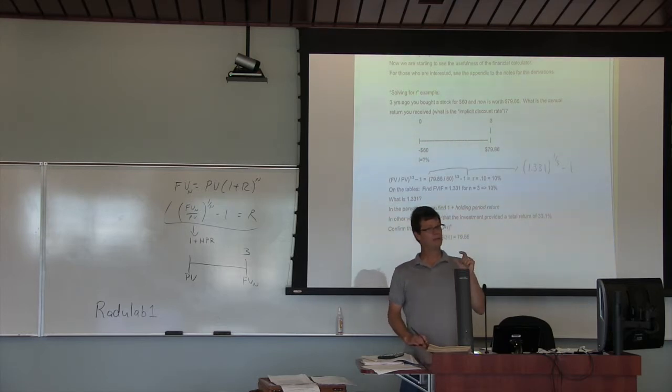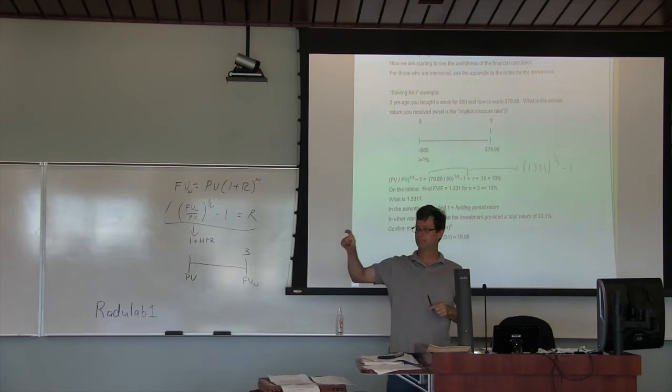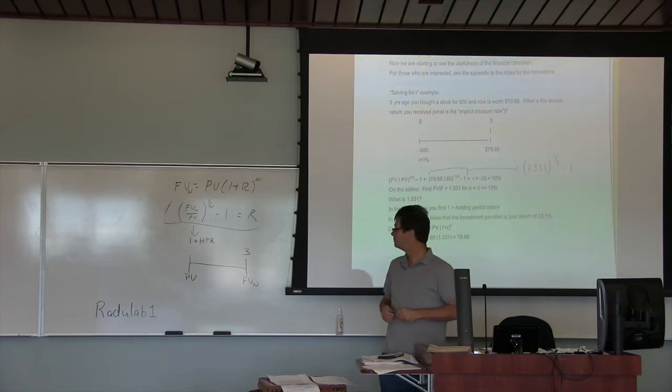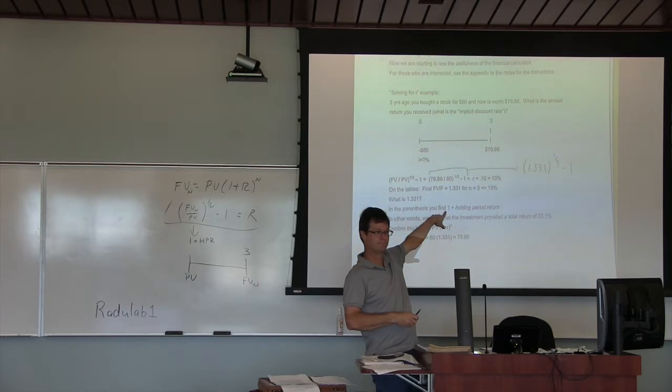Well, when they use the average rate of return, they use the arithmetic average numbers over time. Arithmetic averages are always higher than the geometric averages. A geometric average, like this 10% here, the arithmetic average might be 11%.